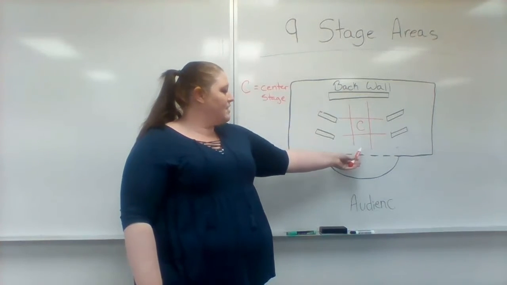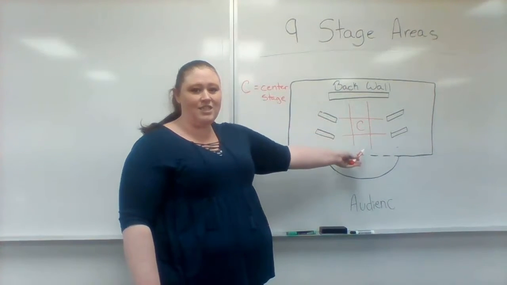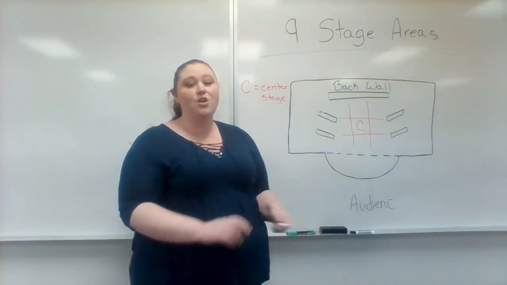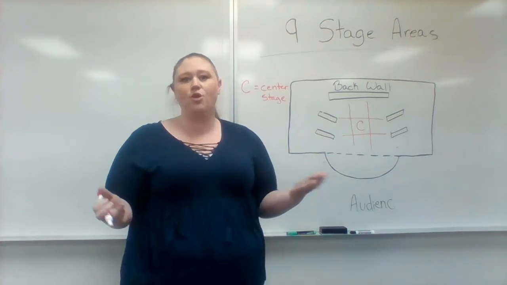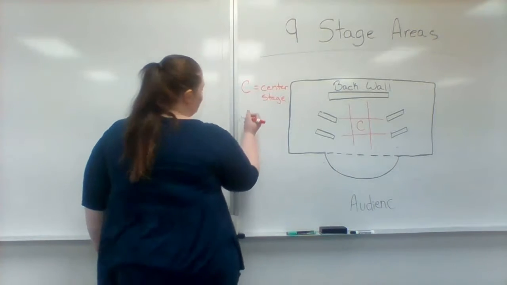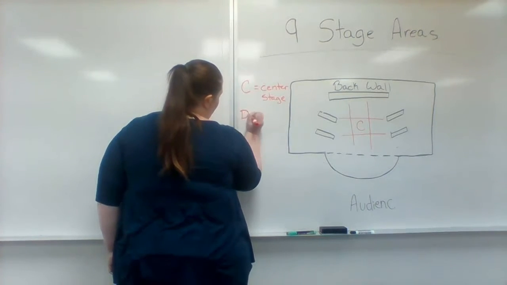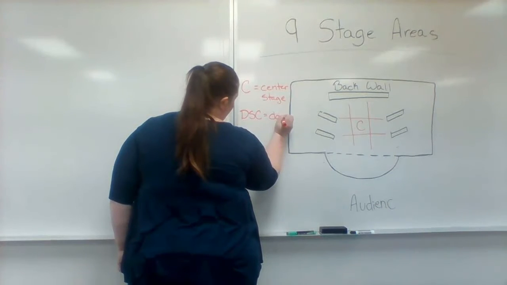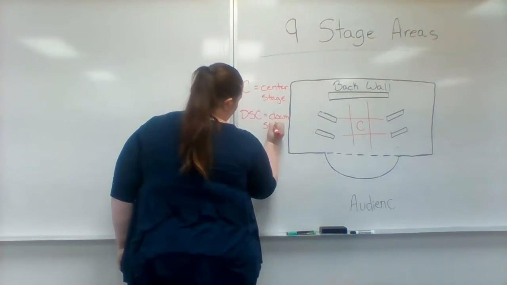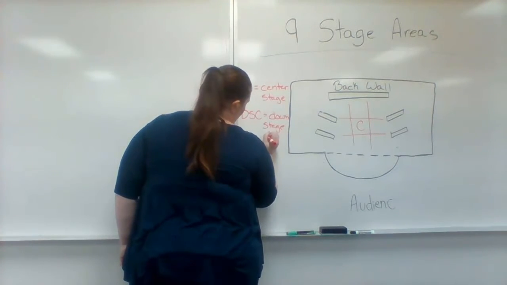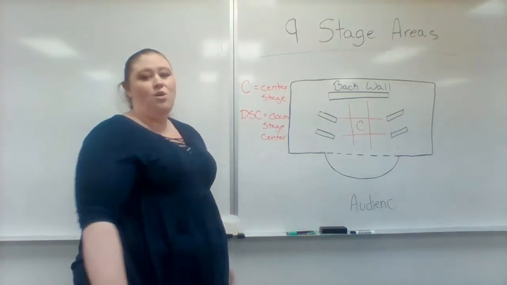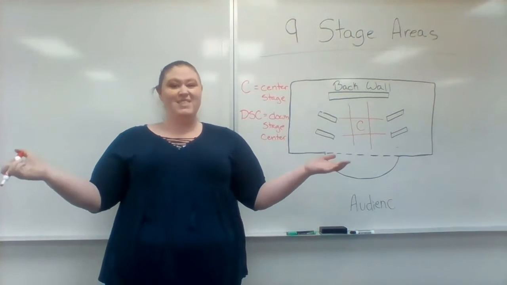So if we're downstage and we're still in this center line, we're still in the center of the stage, but we are downstage from center, we call that downstage center, or DSC. Downstage center. We sometimes also just call it downstage.